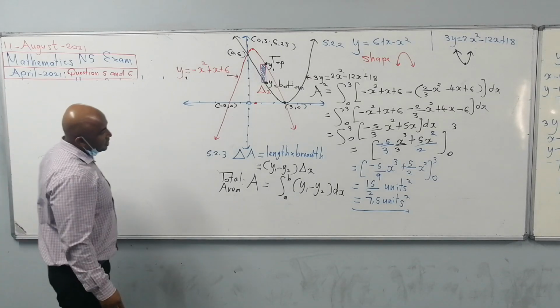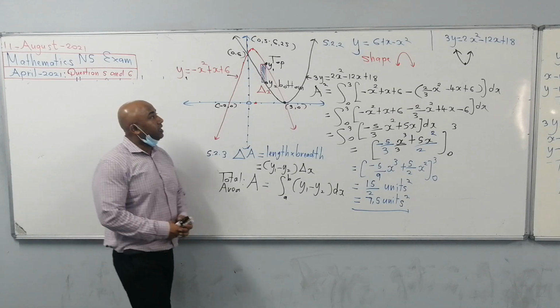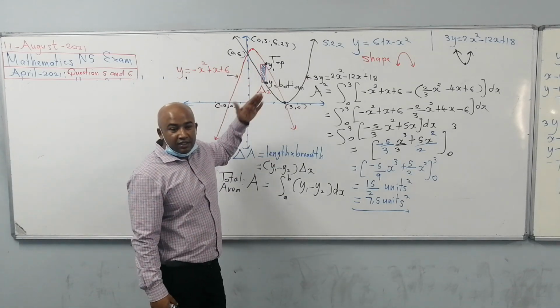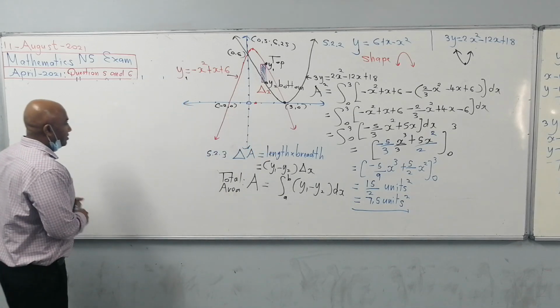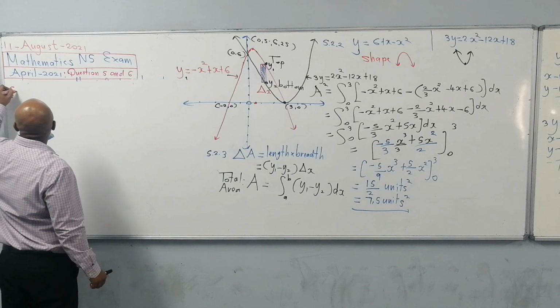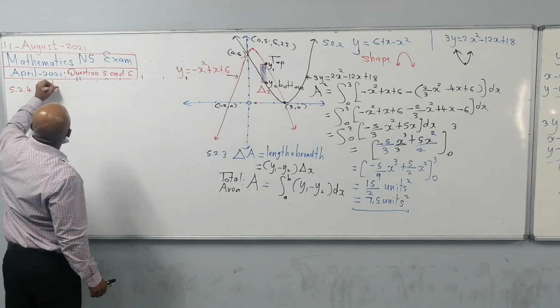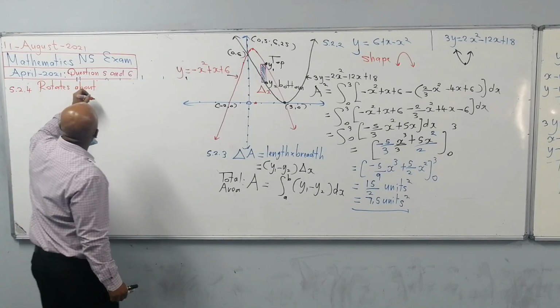The last question is to calculate the volume when this area revolves or rotates around the x-axis. Right, so now let's write this down. That's 5.2.4. So the question is, it rotates about the x-axis.